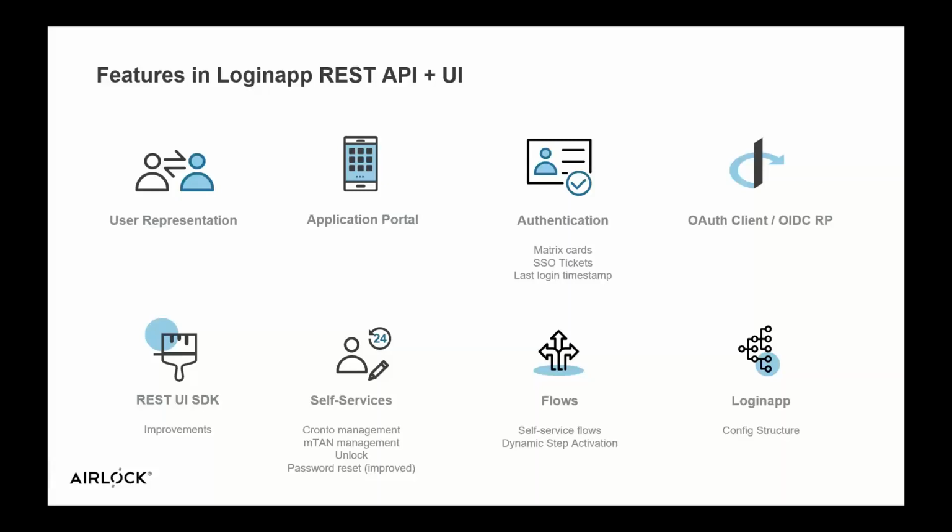So you see, we have a lot of features. That's not all of them, of course. You can see the new features in the documentation, docs.airlock.com. There are the release notes, and there you can find everything which we added with this version.